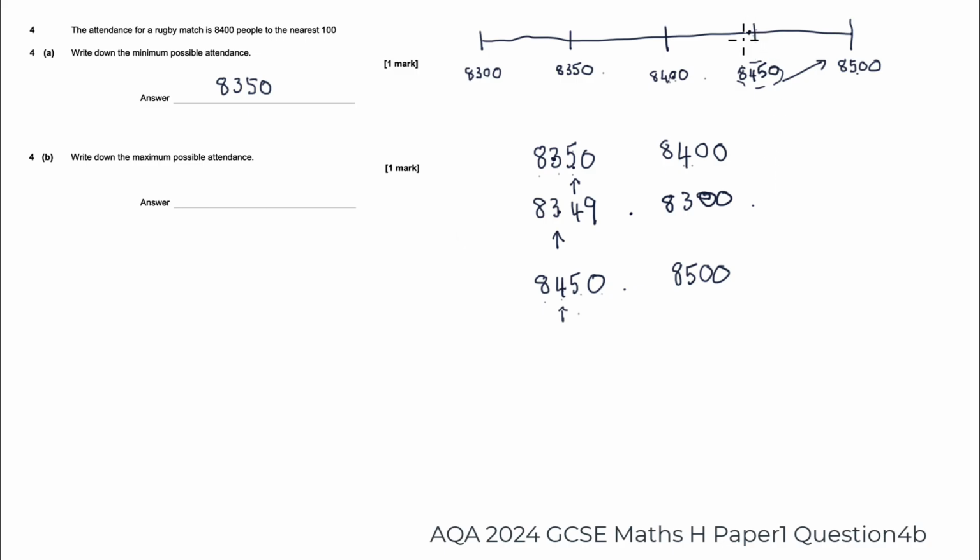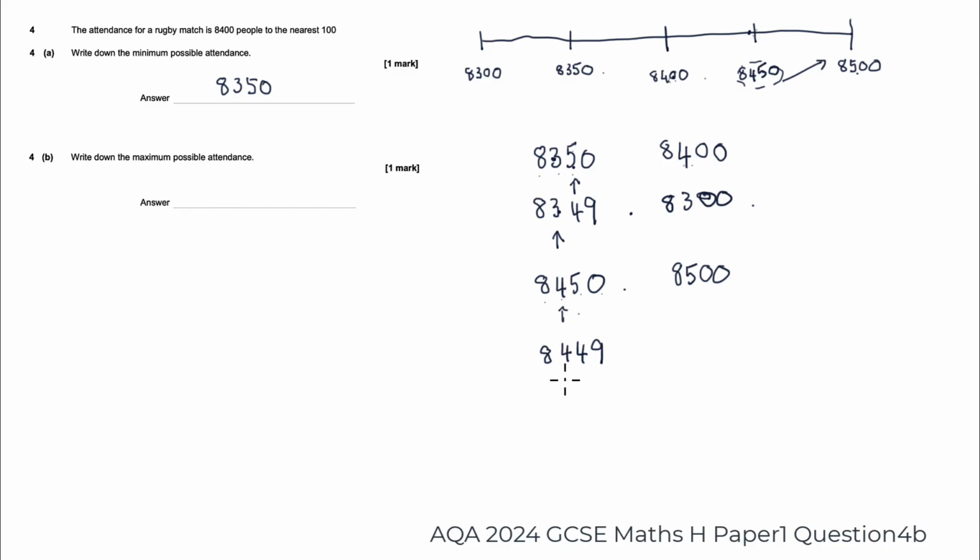Now remember, these are whole numbers we're using because we're talking about attendance at a rugby match. It's not a continuous variable, as they say, it's a discrete variable. They're just whole numbers. So we would have to go one below 8,450, and that would be 8,449.